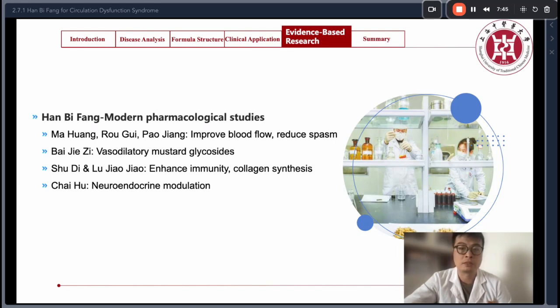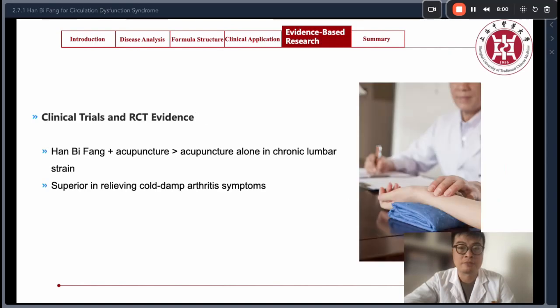It can help with thermal regulation and stress modulation, which matters in chronic pain. So while the formula is grounded in classical theory, it's fully supported by modern mechanisms.